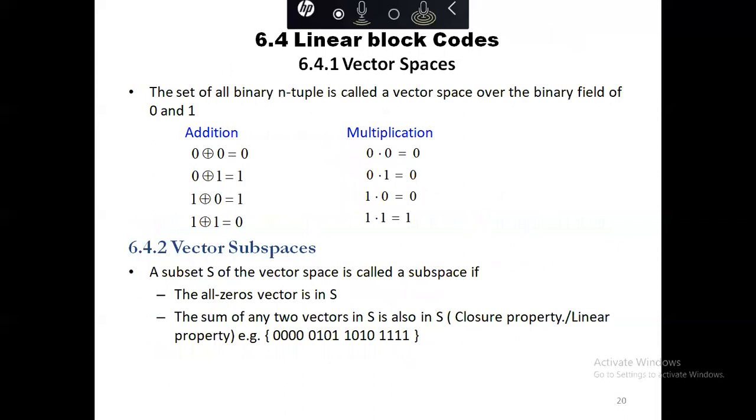So now we start the linear block codes. Why we call these linear block codes, we learn later. But there are some addition and multiplication rules which are set for binary communication. And we have the code vector space.